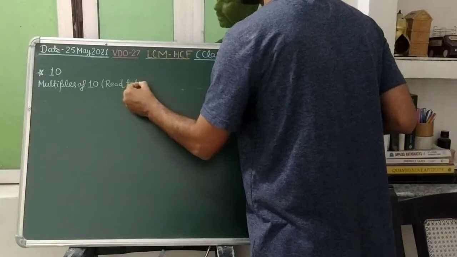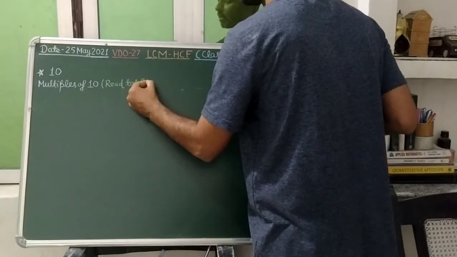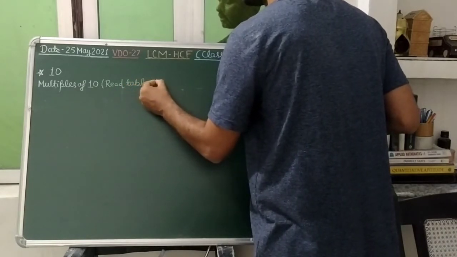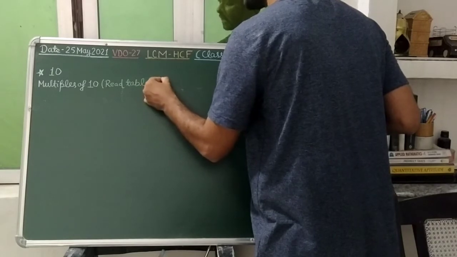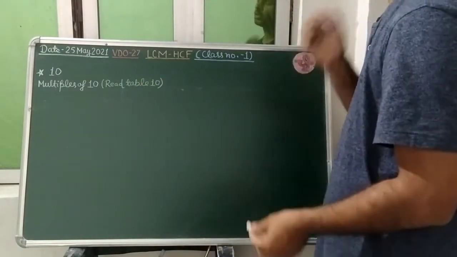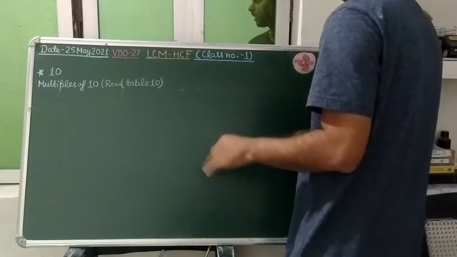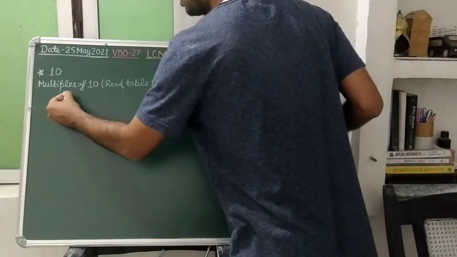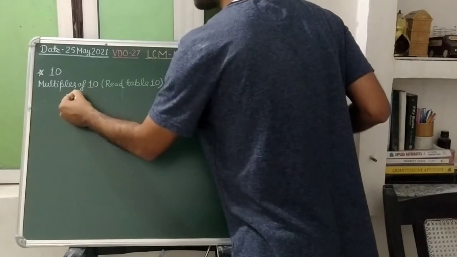If in place of 10 any other number comes, you will read out the table of that number.